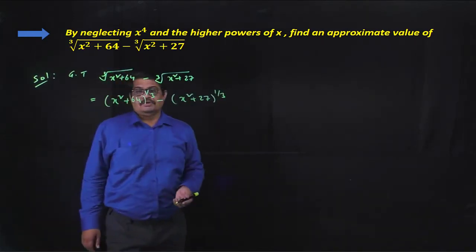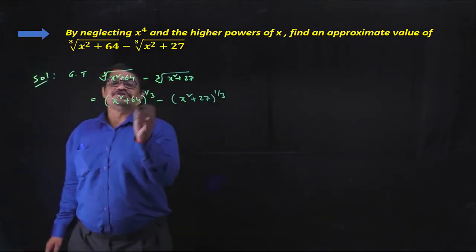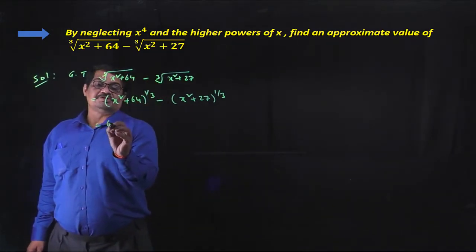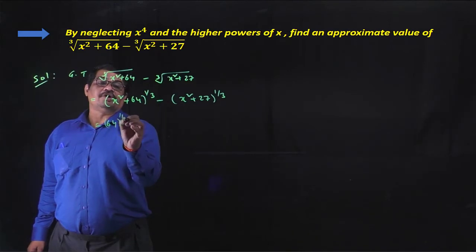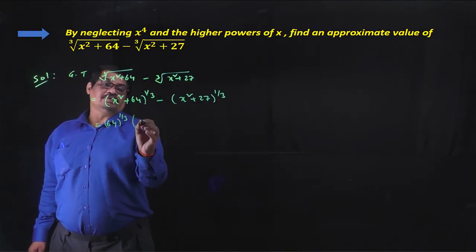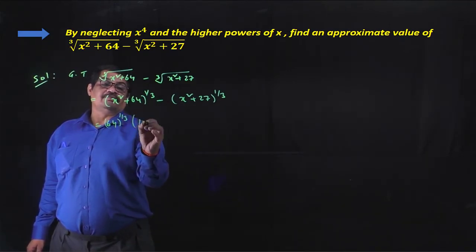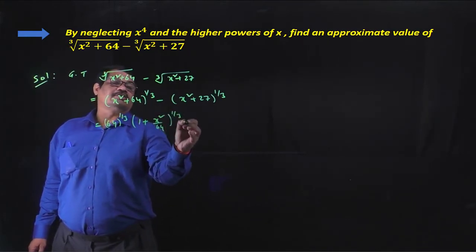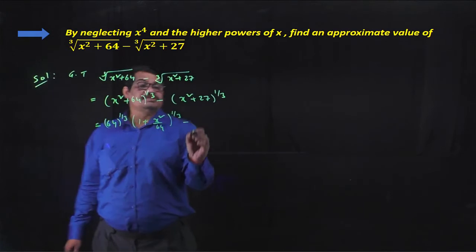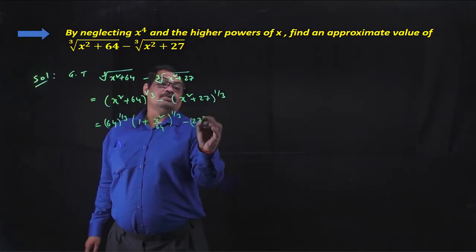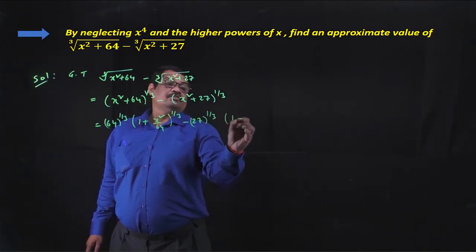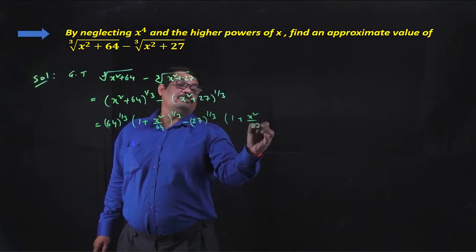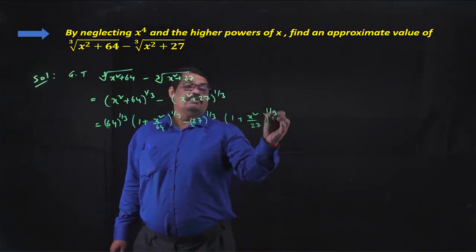Now 64 is common: 64 to the power of 1 by 3 into (1 plus x square by 64) whole power 1 by 3, minus 27 is common, whole to the power of 1 by 3, (1 plus x square by 27) whole power 1 by 3.